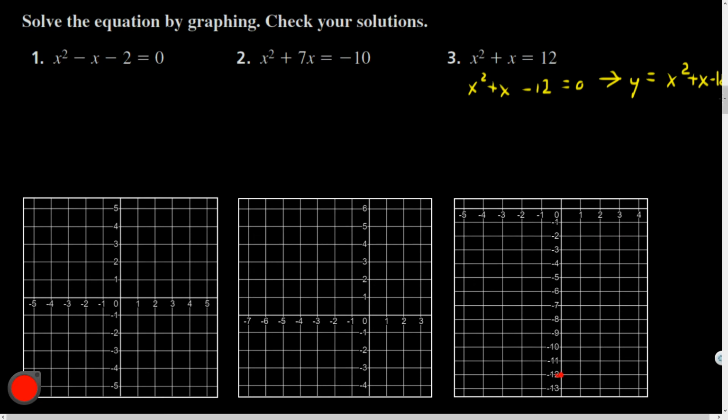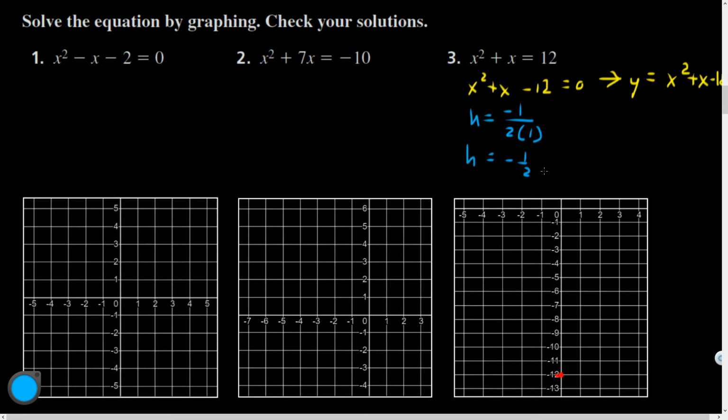So the c value being -12, I know it's off the screen, sorry, is my y-intercept. Let's figure out the vertex real quick. So h would have been negative b over 2a, which is -1 over 2 times 1. Here's the b, here's the a. So h was equal to -1/2.